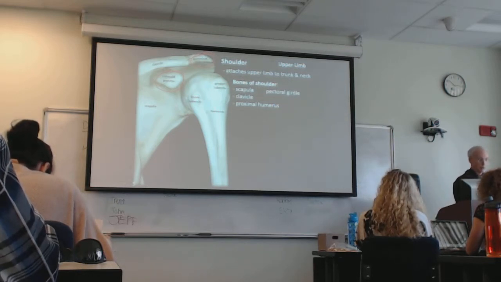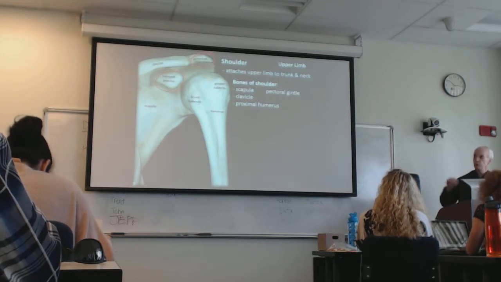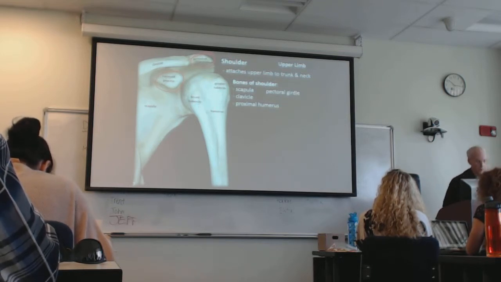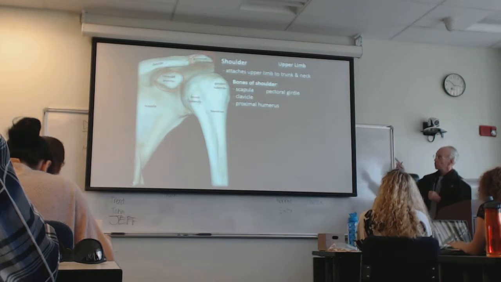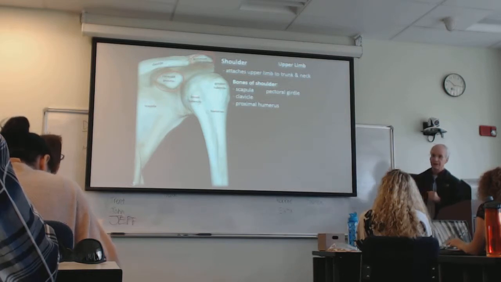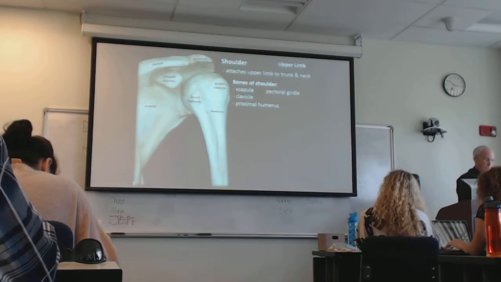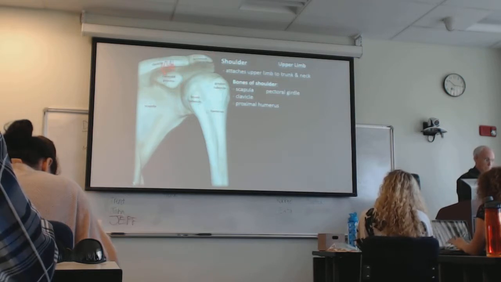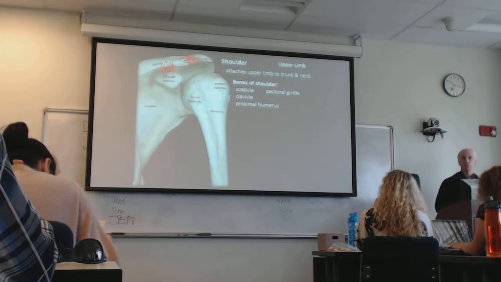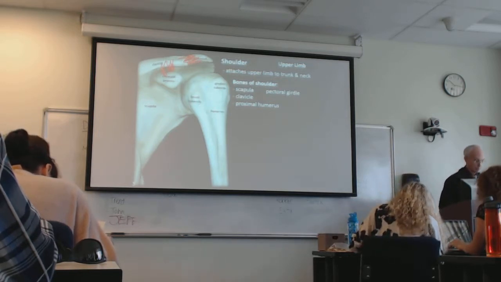You can see both of these are rather peculiar projections of the bone. The scapula itself is an odd-shaped bone, but these both serve the purpose of muscle and ligamentous attachment. Indeed, there will be ligamentous attachments in this direction, and then there's also going to be a ligamentous capsule that we'll talk about later.